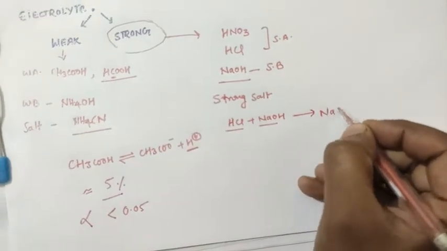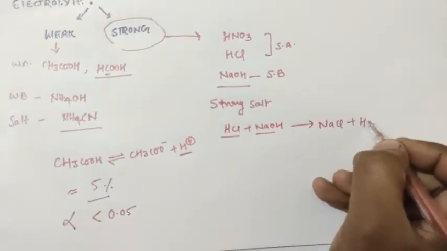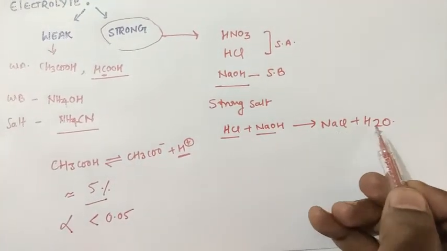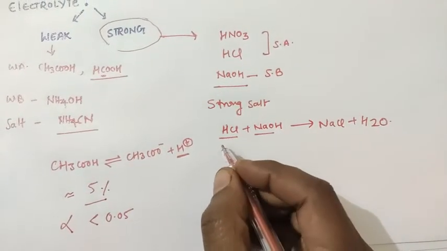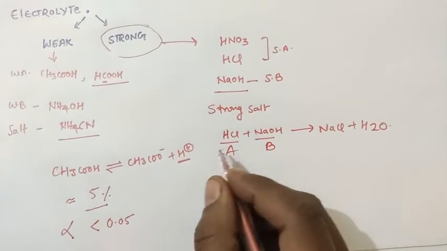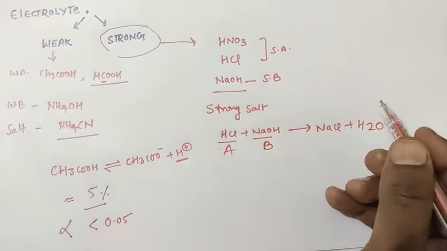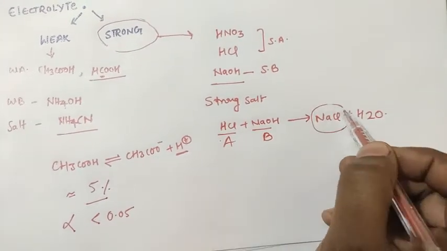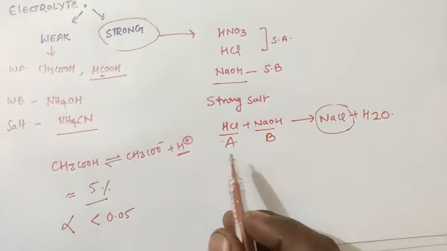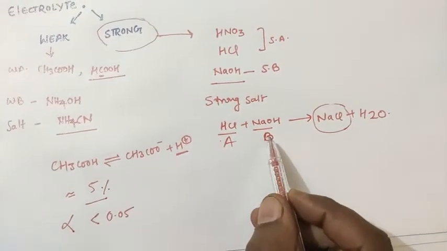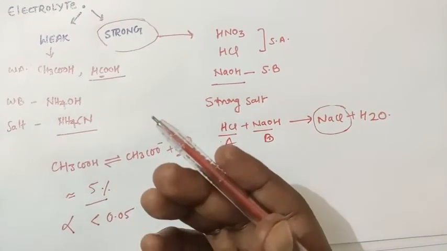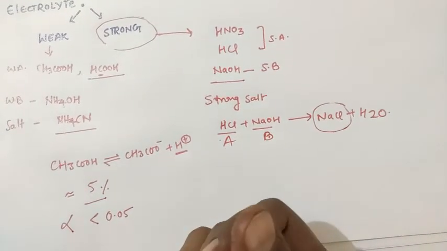It will form NaCl plus water, H2O. So acid plus base forms salt plus water. If any one of the components is strong, then the salt which forms will be considered a strong electrolyte. Here this is a strong acid and this is a strong base.